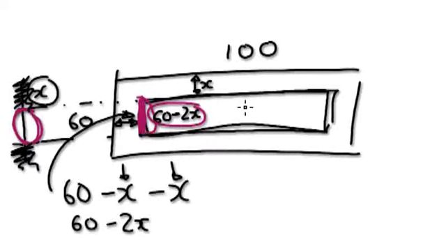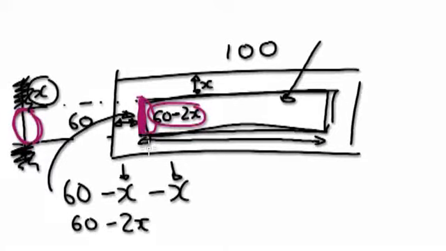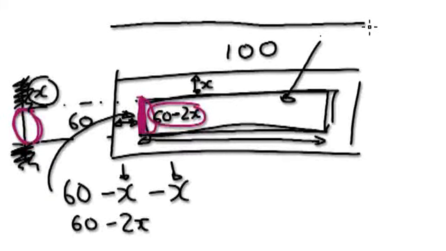Okay, now in order to work out the area of this glass here, we would need to know this distance here. Well, what is this distance here? Same technique. This whole string here is 100. We're going to cut off this part here, which happens to be x, because we're given that this is x. This is also x.